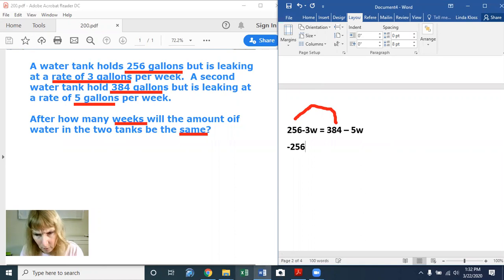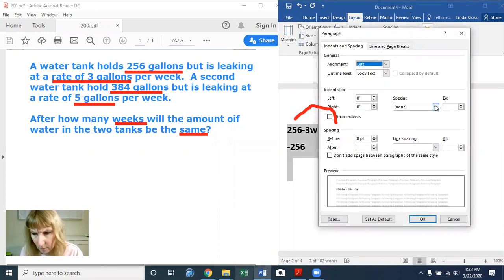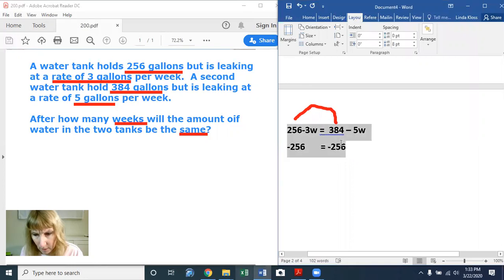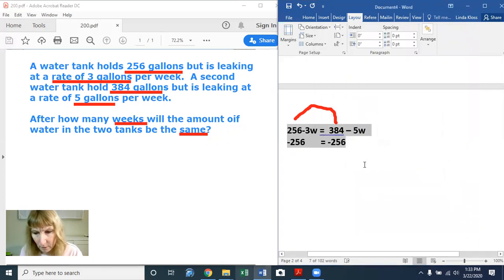Yes, subtract 256 from that side, but I'm also going to subtract 256 from the other side. Whatever you do to one side, you also have to do to the other side. And I'm also going to fix this so that I have single spacing instead of double line spacing. There we go. Closer together.